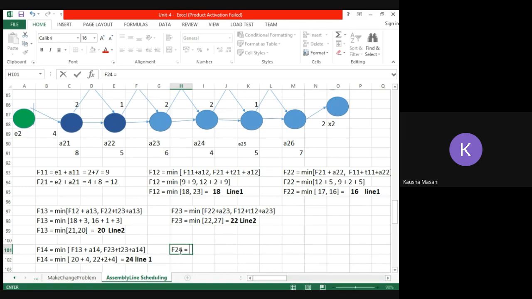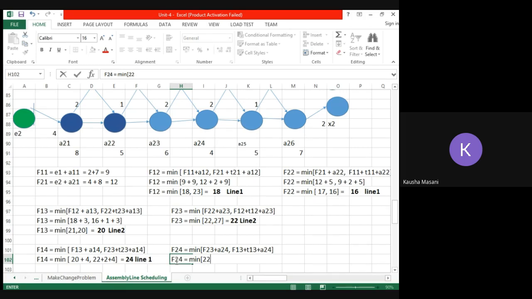F24 is the minimum of F23 plus A24, comma, F13 plus T13 plus A24. F23 is given by 20.